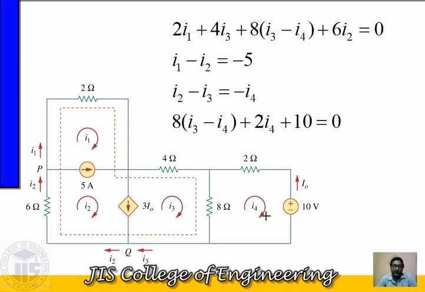You can put the current clockwise or anti-clockwise, whatever direction you want, no problem at all. For the first three closed paths you cannot simply apply mesh analysis, but this fourth closed path doesn't have any current source, so here you can directly apply KVL, or the concept of mesh analysis.